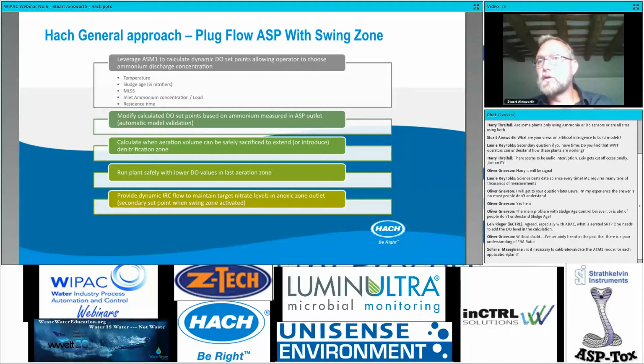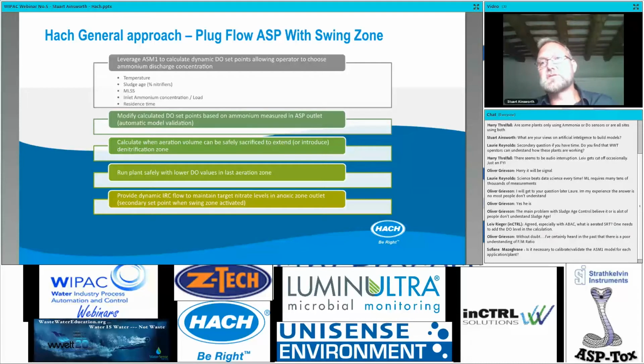And when you know the true load conditions, and when you know how much biology you've got within the aeration basin, you can then perform a calculation to automatically know if you can safely sacrifice some of the aerated volume to extend the denitrification zone. So that's effectively what we're doing.